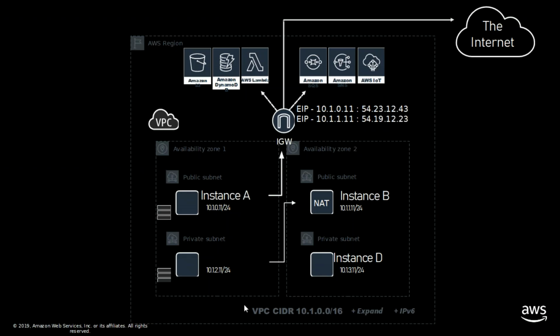In here, we have a NAT gateway, and it's connected to the internet gateway also. We use the NAT gateway for instance C on a private subnet to have an internet connection.